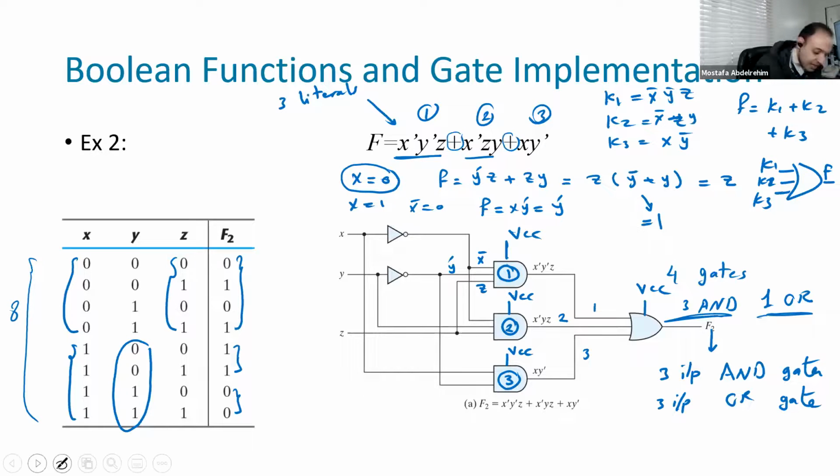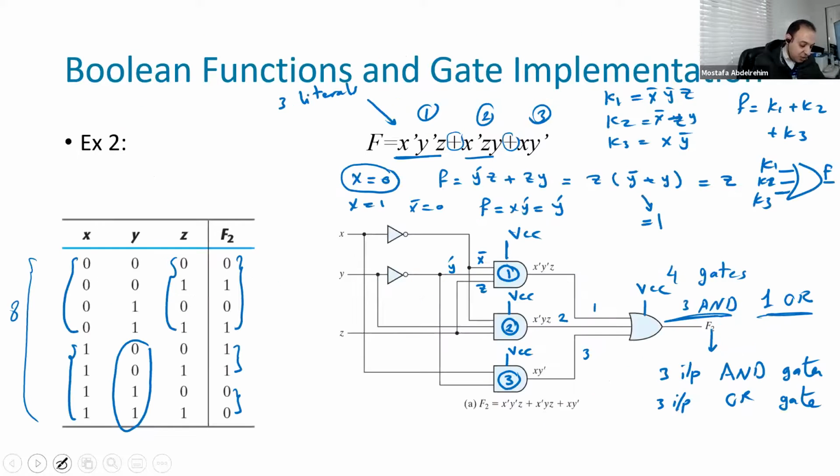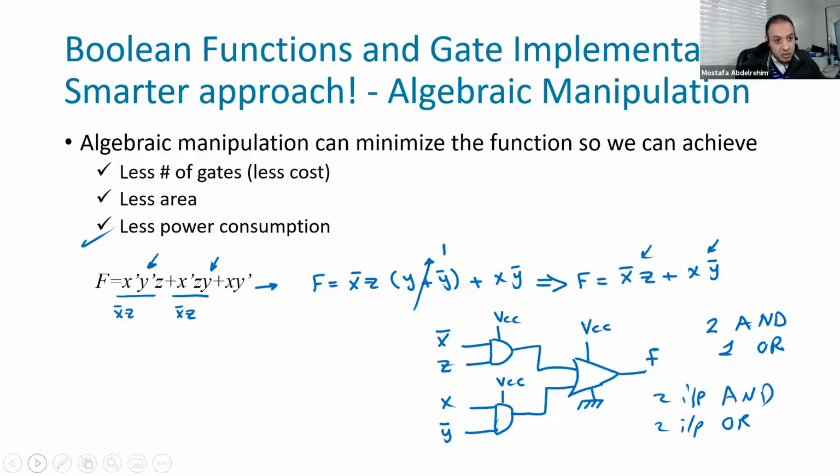So our minimization can reduce also the power consumption, not just the area and the cost. Okay, so minimization is a very primary, elementary step that you should do all the time. The first example has no minimization, that's why I will not touch it. But the second one with 4 gates, if we try to minimize it, we reach a simpler design. Good, so let's continue.